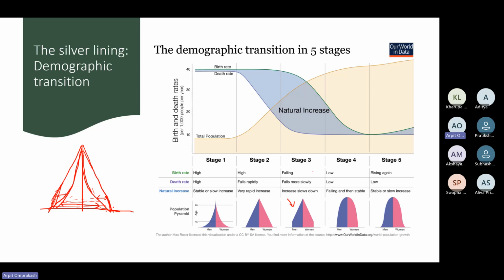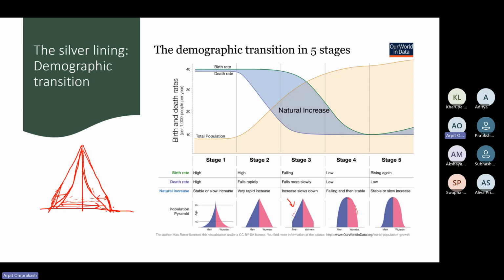And then slowly we move into stage 4, where we have both a very low birth rate and a very low death rate. Stage 3 is the part where we are currently in. In stage 4, it's predicted that because we have a very low death rate, we have a graph something like this, which is rounded on the top side.